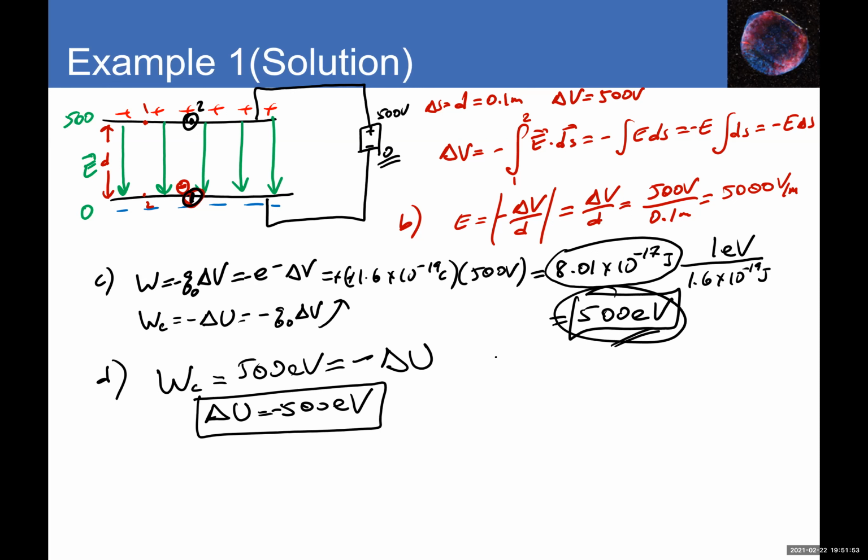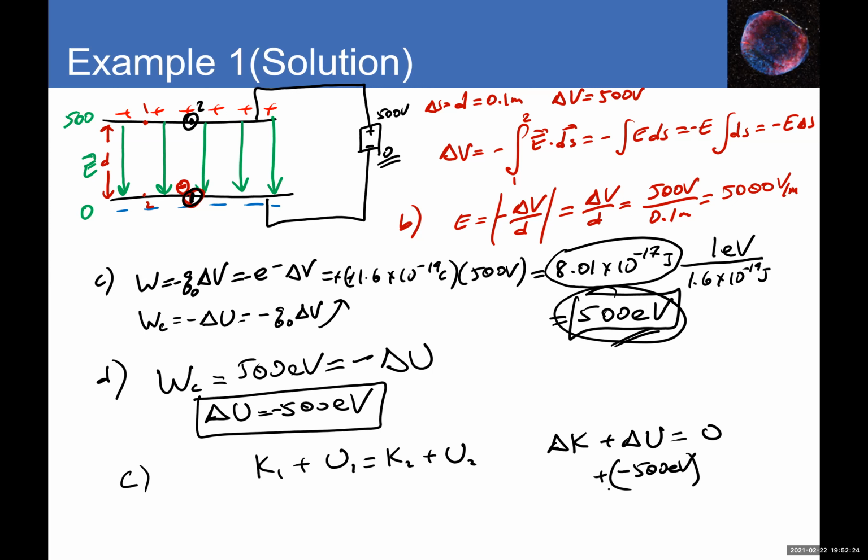Right. So the last one is asking: what is the kinetic energy when it reaches the positive plate? Well, I know that kinetic energy 1 plus potential energy 1 equals kinetic energy 2 plus potential energy 2. Or I can say delta K plus delta U is equal to 0. One thing I have is that delta U is minus 500 electron volts.